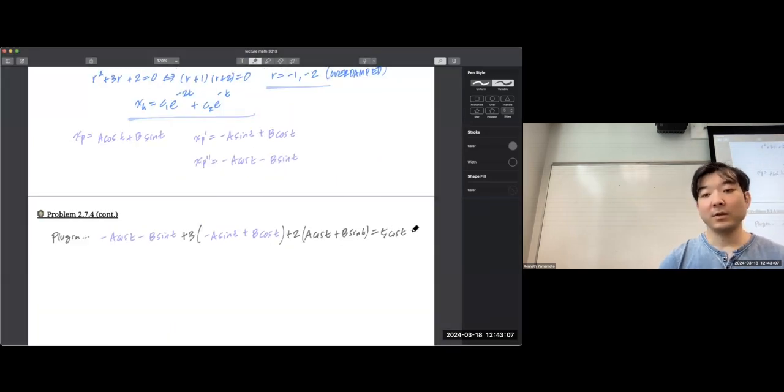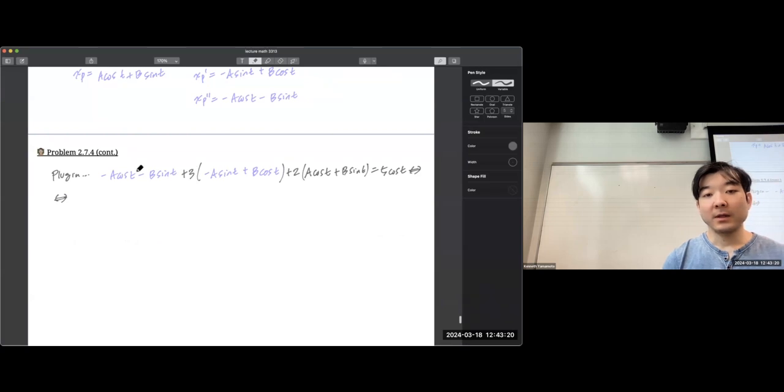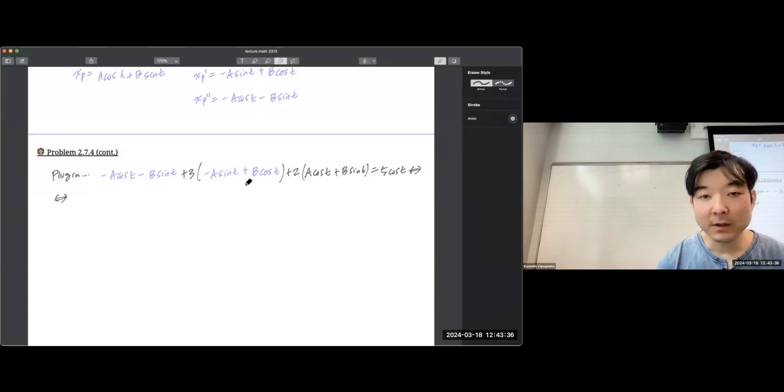And you're just going to multiply things out. So we'll just look at these two right here. That combines to, well, we could just do everything at once. So you'll have negative a cosine of t.